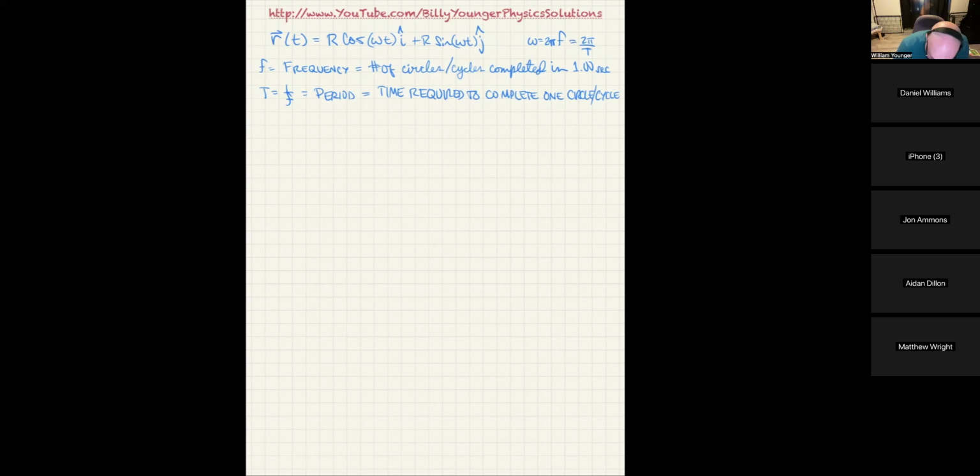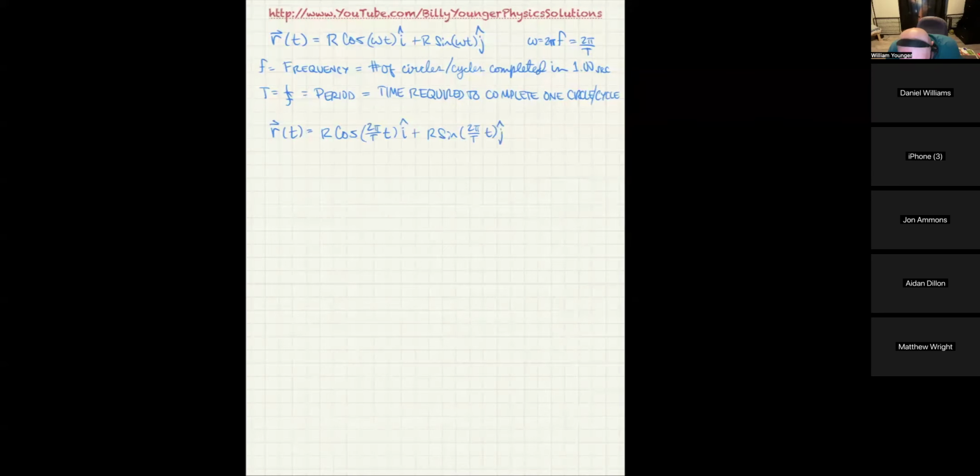Now, that means I can rewrite this r of t as r cosine 2 pi over the period times t i hat plus r sine 2 pi over the period times t j hat.